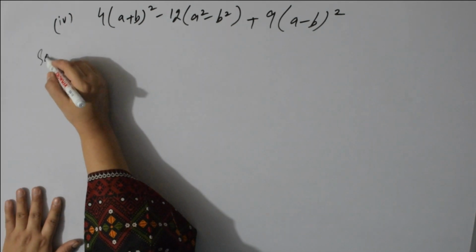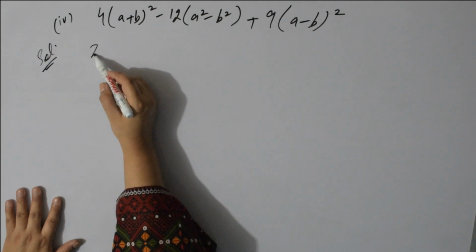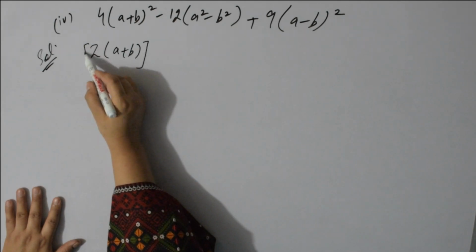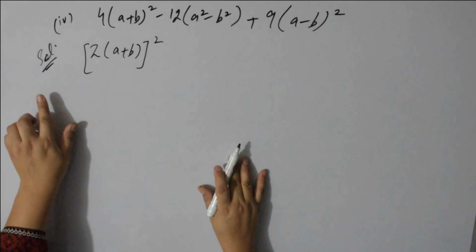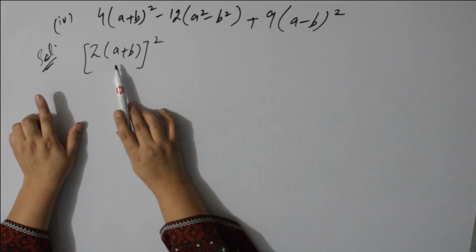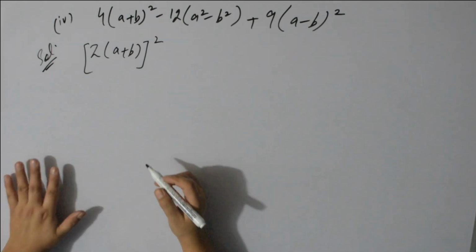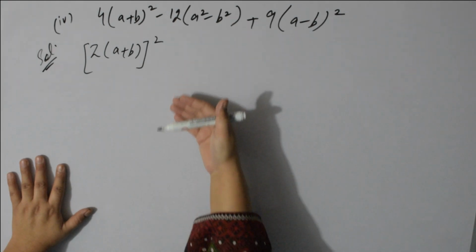So in the solution, 4 into a plus b whole square, so it's 2 into a plus b whole square. Students, I don't have enough space to write this expression first and then after the equal sign write this one, so you have to do it in your notebook. First and second part, I am doing it downward.